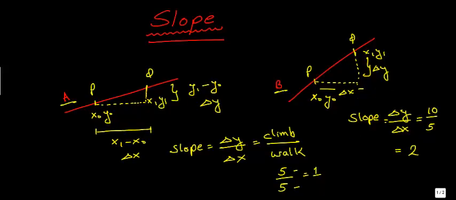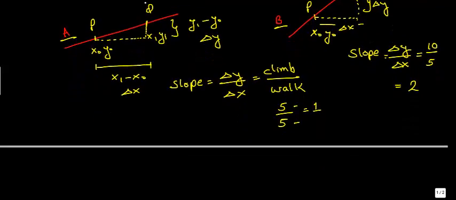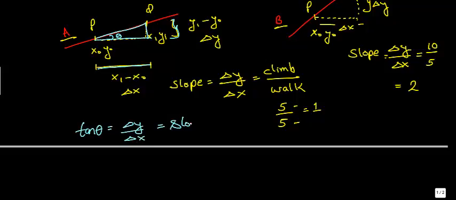Another thing to notice over here is, in this given triangle, if I say that the line makes an angle theta with the x-axis, then the slope that we just found out was delta y by delta x, right? So in trigonometric ratios, this can be represented as tan theta is equal to delta y by delta x, which is the slope we just found out.